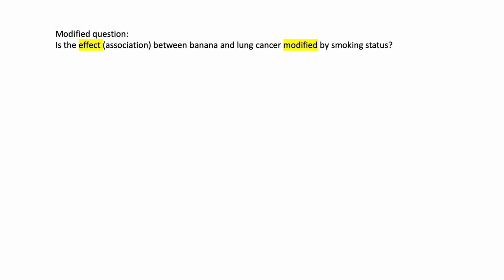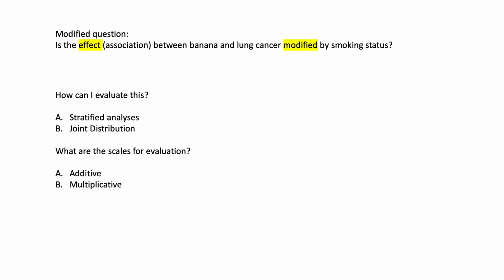So now we have modified the question that we ask in that situation, which is: is the effect or the association between banana eating and lung cancer modified by smoking status? So in effect modification, we must remember that we can evaluate it either using stratified analyses or joint distributions, and we can evaluate it on additive and multiplicative scales.